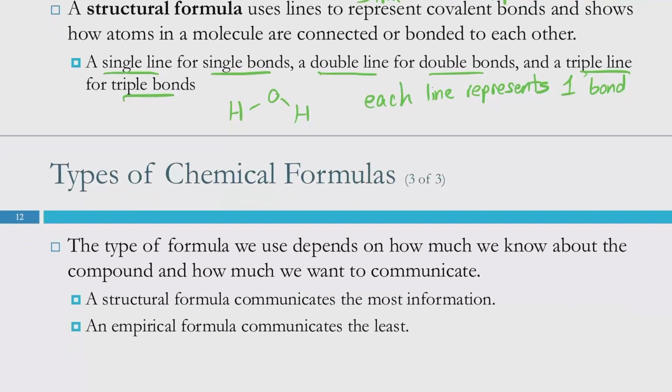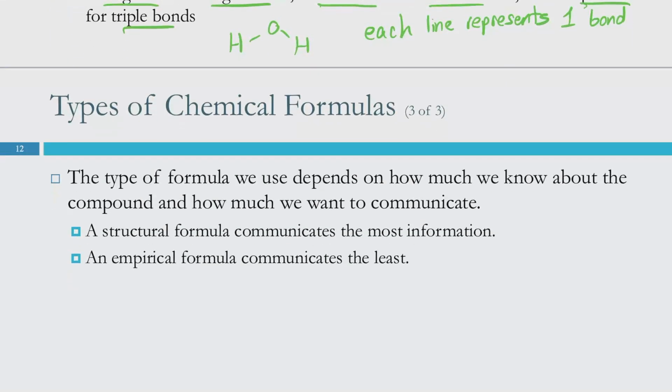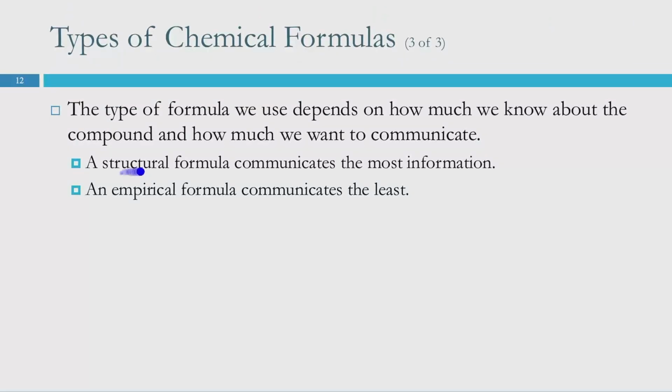The type of formula that we use depends on what we found or how much we want to communicate. A structural formula gives us the most information because it can include how many bonds there are, the types of bonds, where they are, how things are connected, etc. So it gives you a lot of information.